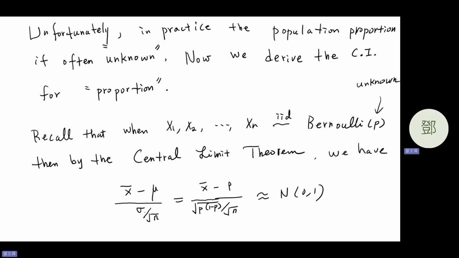Okay? Where x bar equals the average of x1, x2, all the way to xn. All right?